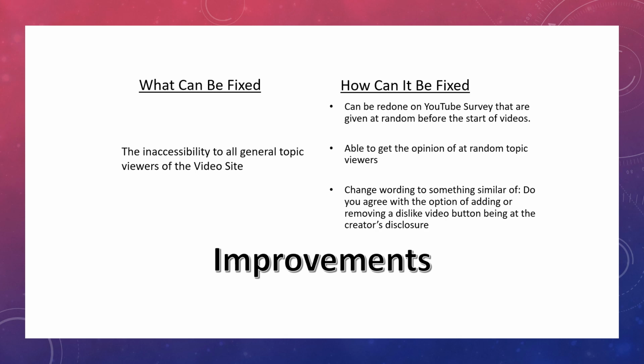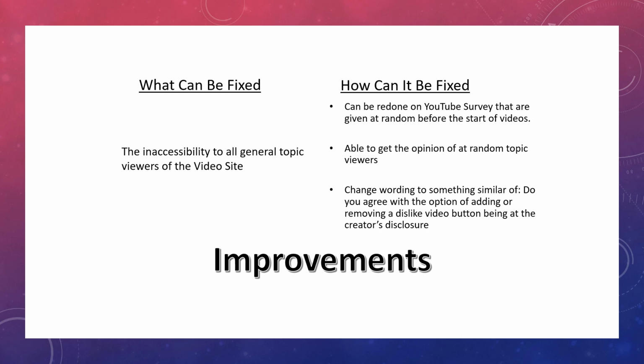The big thing that can be fixed is the inaccessibility for general topic viewers of the video site to view this poll and have as much say as they can. It's not just Reddit users who also use YouTube; it's those who are reaching out to YouTube and using those videos at that time. This can be redone as a YouTube survey.